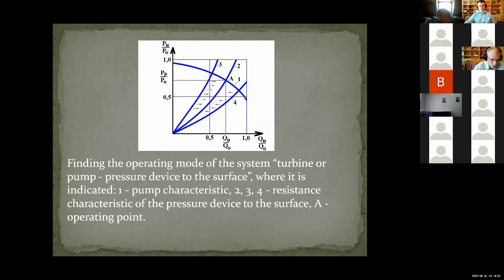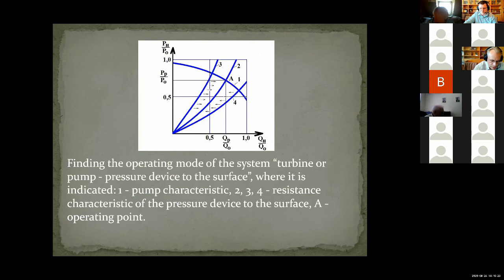Here we find point A of the operating mode, shown in this figure, where the dependence of the pressure on flow for pump 1 and aerodynamic resistance of the contact devices 2, 3 and 4 are combined.